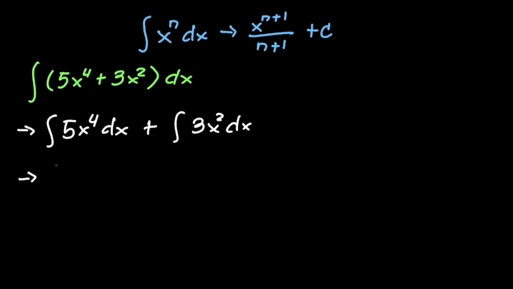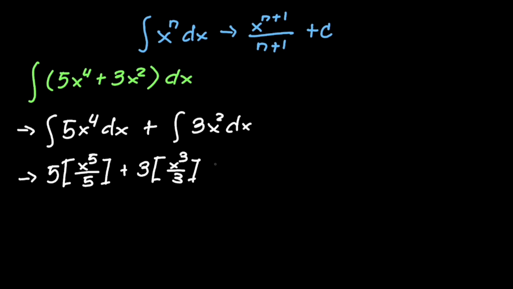Bring down 5 and take the integration of x raised to the power 4, which will be x raised to the power 5 over 5, plus 3 multiplied by the integration of x squared, which will be x cubed over 3 plus c.